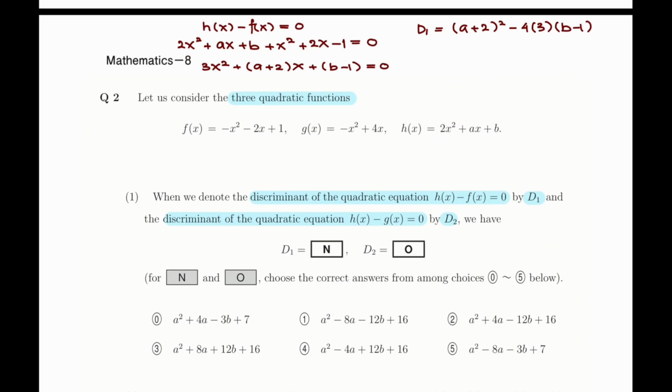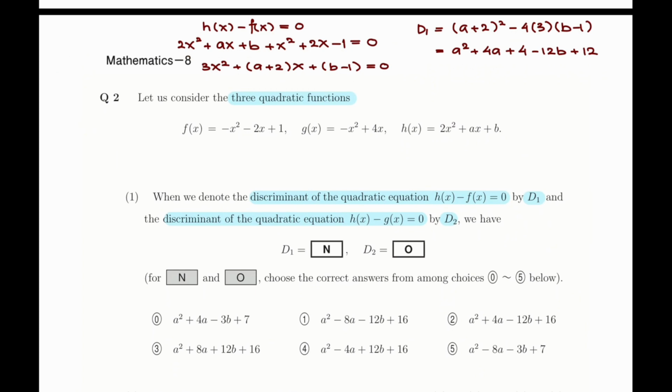If I simplify it by expanding a plus 2 squared, I will get a squared plus 4a plus 4, negative 4 times 3, negative 12, and then you expand it, you will get negative 12b plus 12.